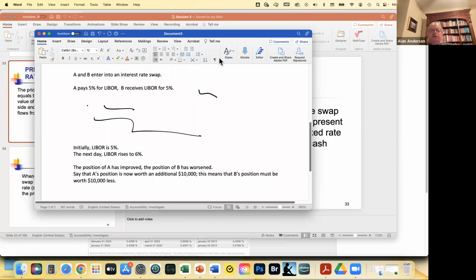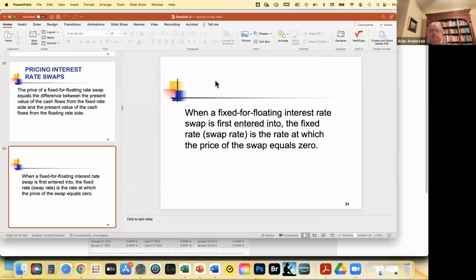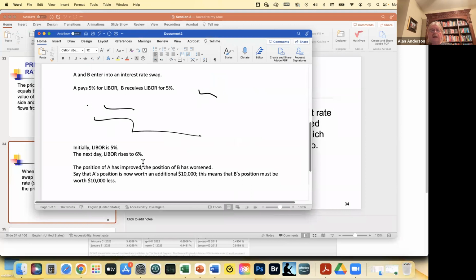All right, so by the way, that just means either one of these could be considered the price. The price could be considered $10,000 for A and negative $10,000 for B. So suppose that the two sides decide to offset this or unwind the swap, then B would owe $10,000 to A. Now that doesn't happen very often.